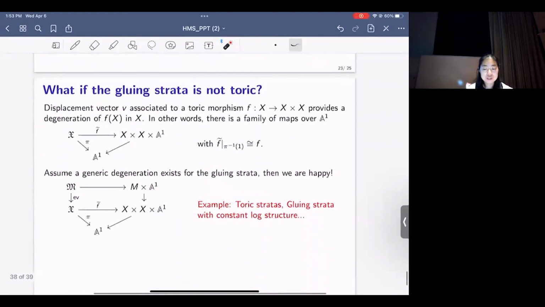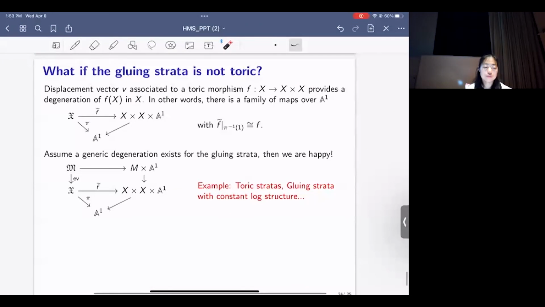Yeah, and there is a small remark for the case where the gluing strata is not toric. As I told you, the displacement vector gives us a rational equivalence class which is compatible with the log structure.